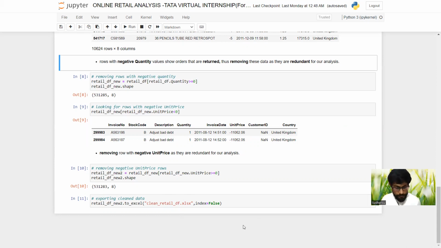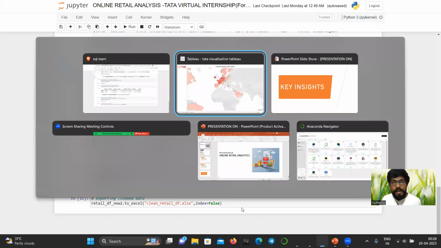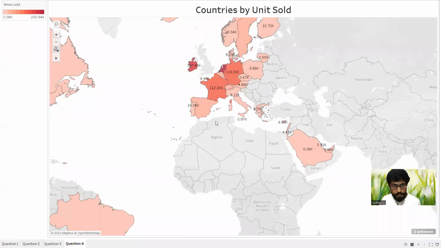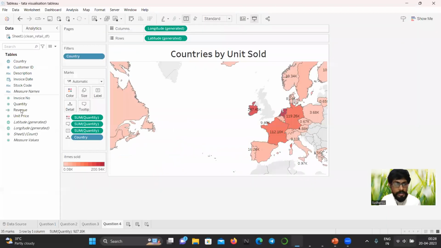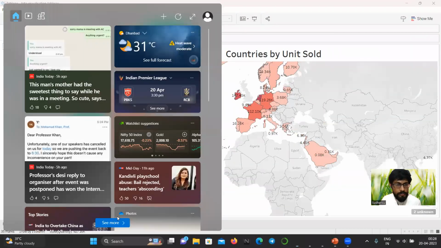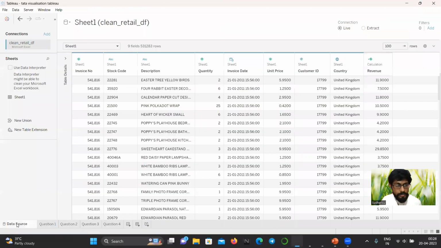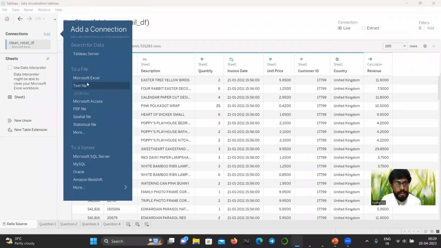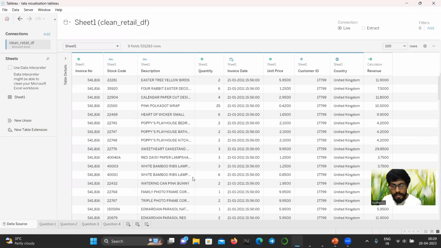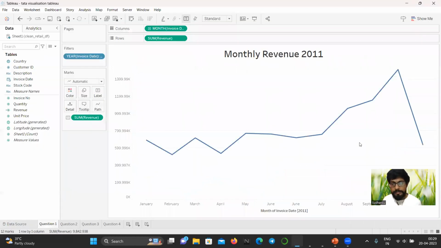Further, we connected this clean data to Tableau. Here we have added the cleaned Excel file to Tableau. This is the data, and then we started making graphs.